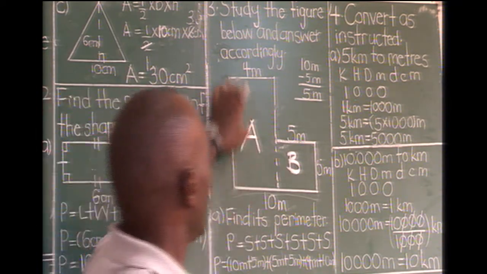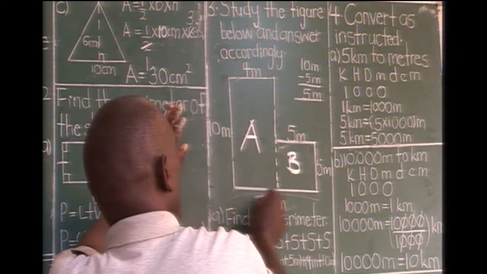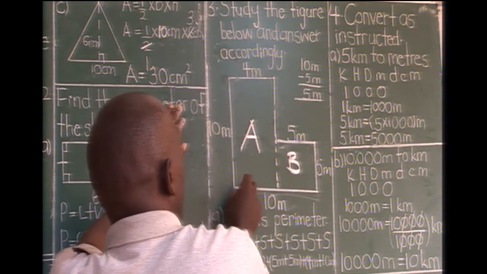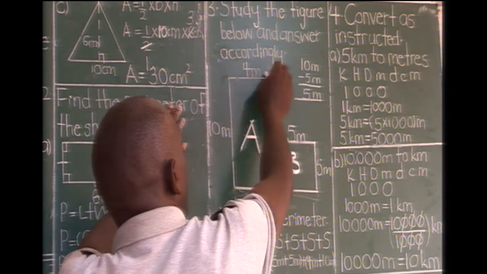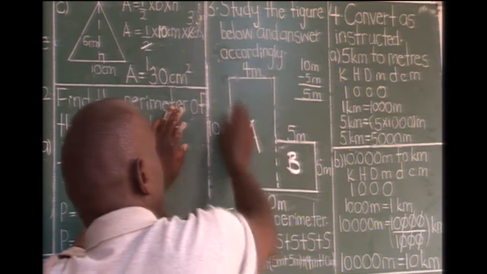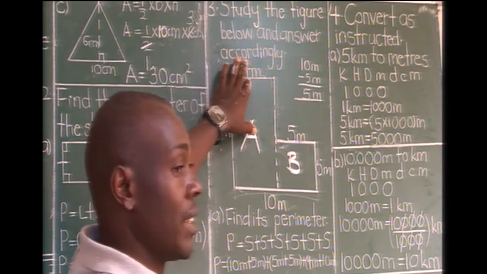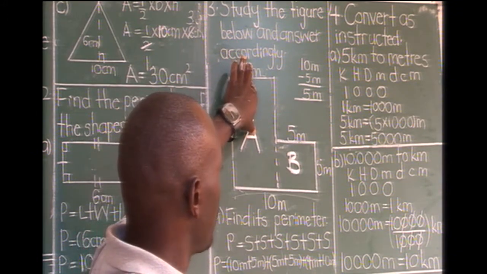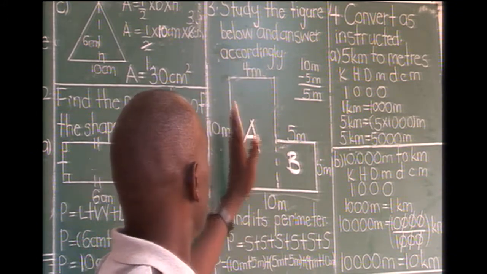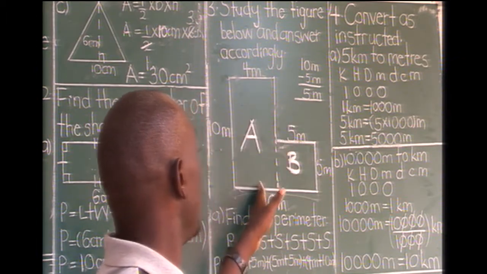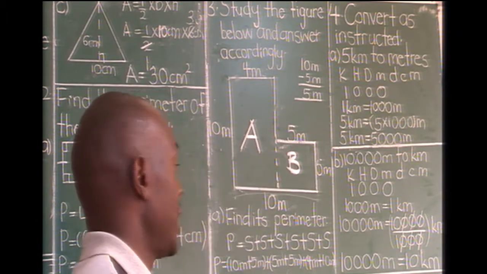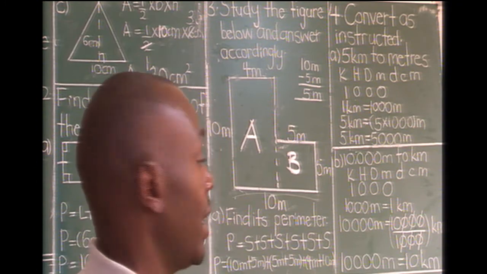Figure A is 10 by 4 meters. The length is 10 meters and the width is 4 meters. So that shape of 4 sides that has two equal lengths and two equal widths is termed a rectangle.